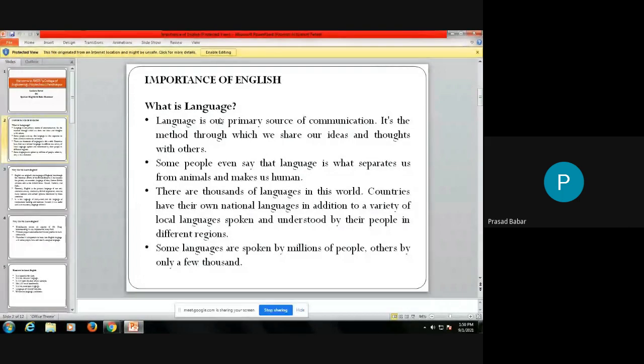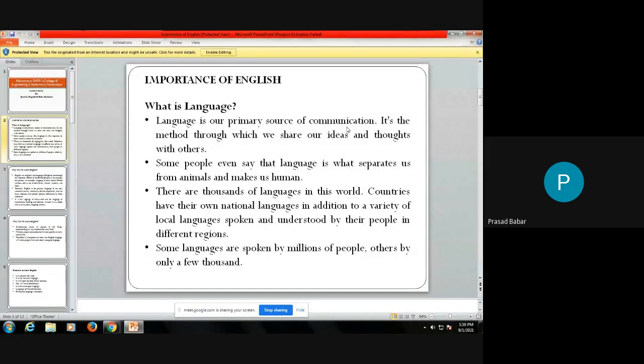So let's see what is language. Language म्हणजे काय? Language is our primary source of communication. Why is it the primary source? Because it is the necessary source to communicate with others.